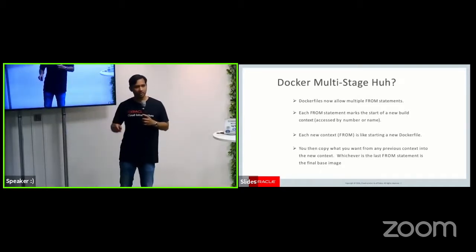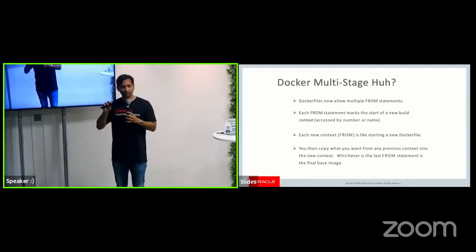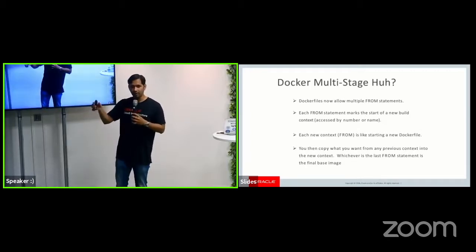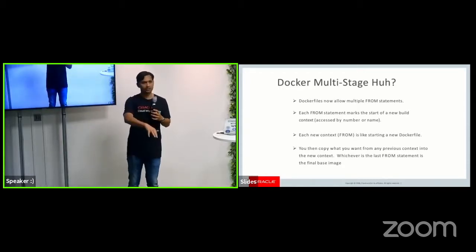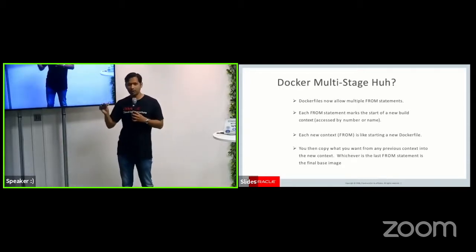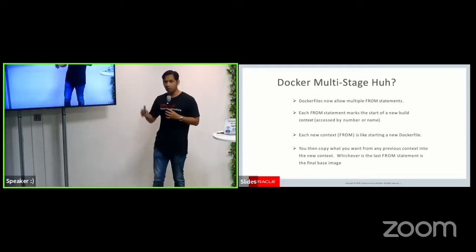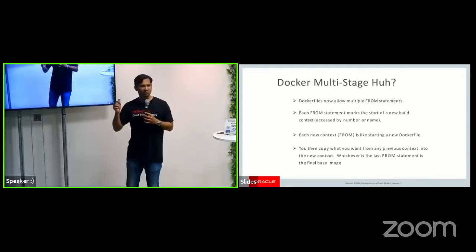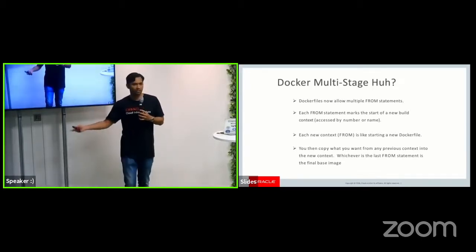For example, you take a distribution, let's say CentOS, and then you install Python on top of that in a particular working directory. You just copy that directory to the next image layer, leaving all the other stuff outside, because you don't need other libraries, build time or runtime dependencies. You need only the runtime or the libraries that you need to run your Python API code or whatever application you've built.